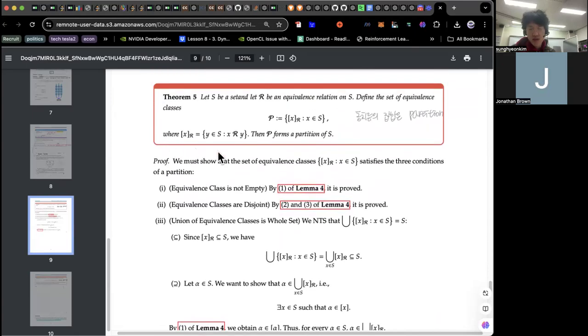We must show that the set of equivalence classes satisfies the three conditions of a partition. Equivalence classes are not empty. Disjoint.